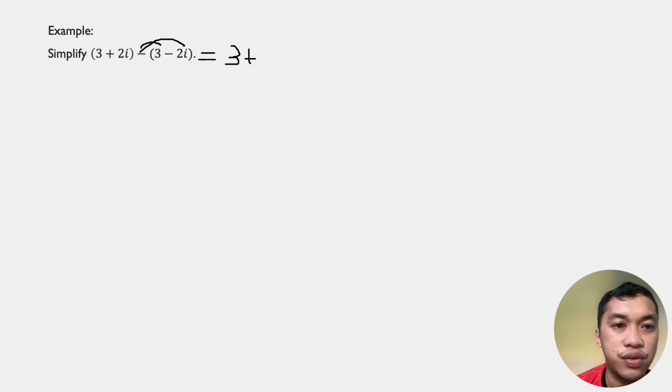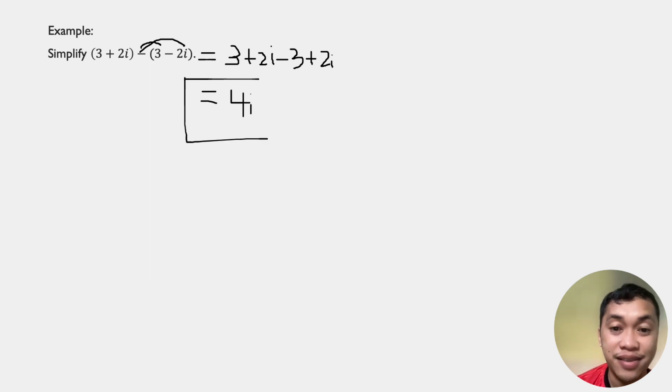So we have 3 plus 2i, and then negative times 3 is -3, and negative times -2i is positive 2i. Combine like terms. Constants, 3 minus 3 is just 0, and 2i plus 2i is 4i. Which means the simplified form is just 4i. So easy, right?